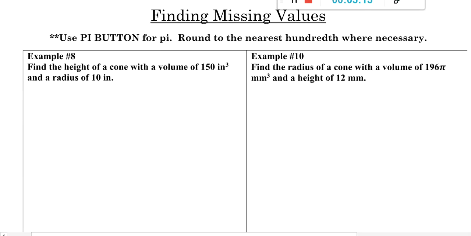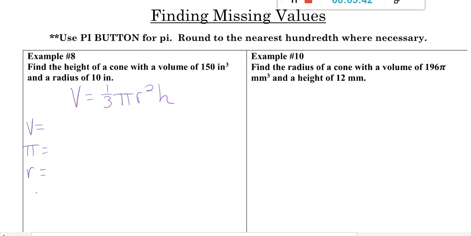If we're looking at missing values, for example 8, it says find the height of a cone with a volume of 150 inches cubed and a radius of 10 inches. So again, I'm going to start with the volume equals 1/3 times pi times radius squared times height. And again, identify what values I know.